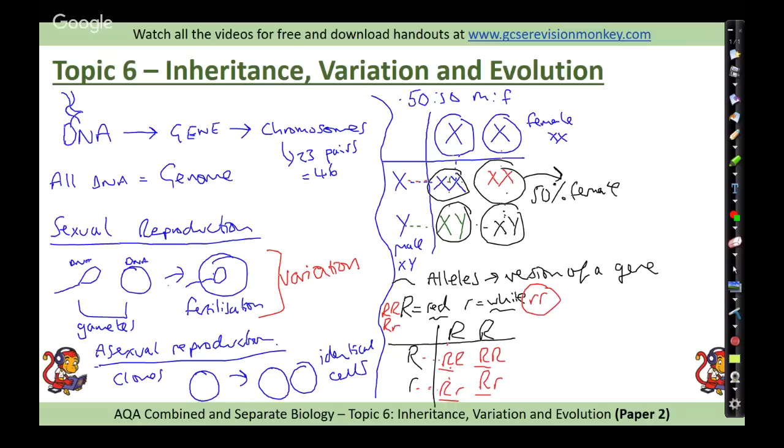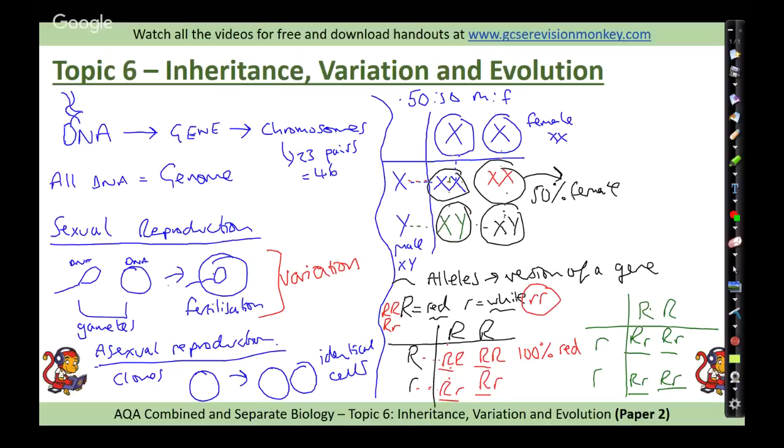So in this case, we have 100% red offspring. We could do another one though, whereby perhaps we have homozygous dominant and homozygous recessive, and then that would make all four heterozygous, so a different cross, but it still makes four heterozygous and therefore four red offspring.